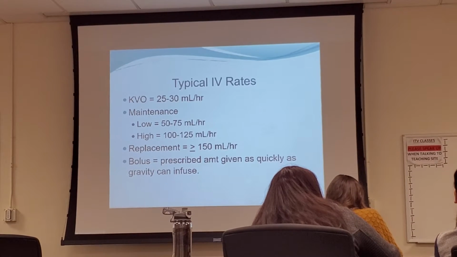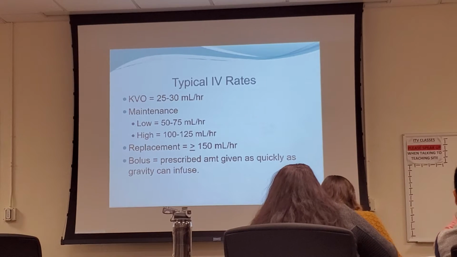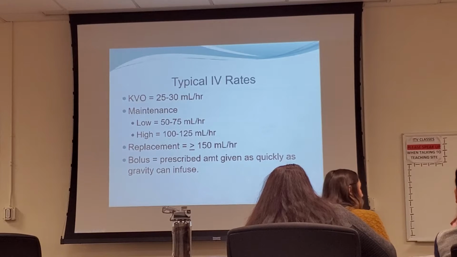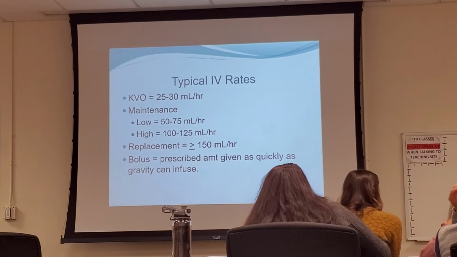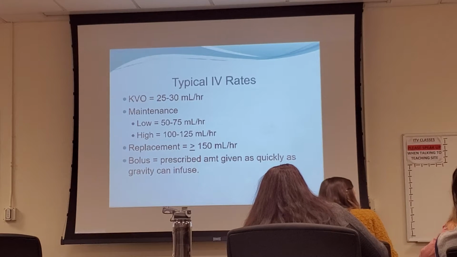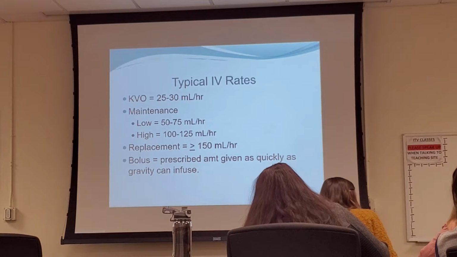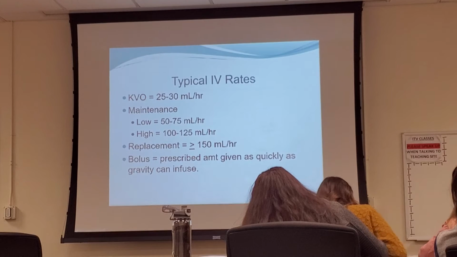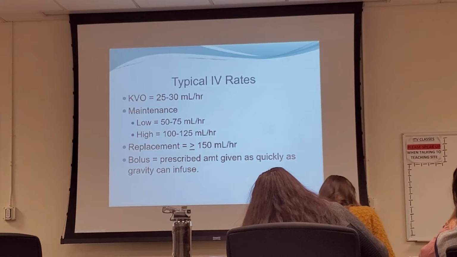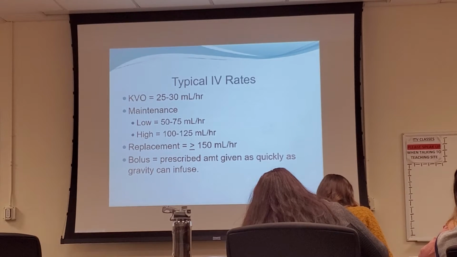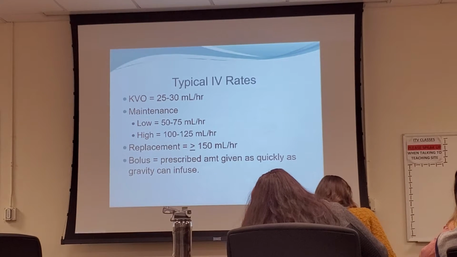Yeah, 30 or less, we're in big problems. What's normal? 50, someone said. 50 to 70. 50 to 70 mils an hour is normal. So of that, or 3 times of that, our intention is to replace what is missing. We're not expecting the kidneys to keep up with that. We're expecting some of that fluid to rehydrate those tissues, that interstitial space that is missing, or to rehydrate the vascular space because it's been depleted.